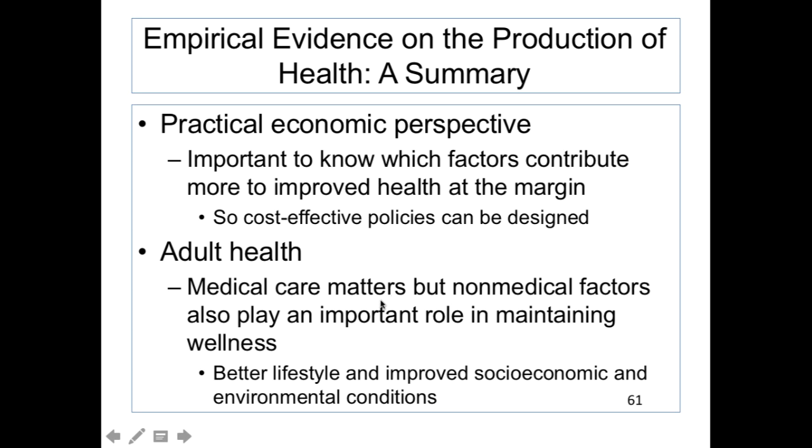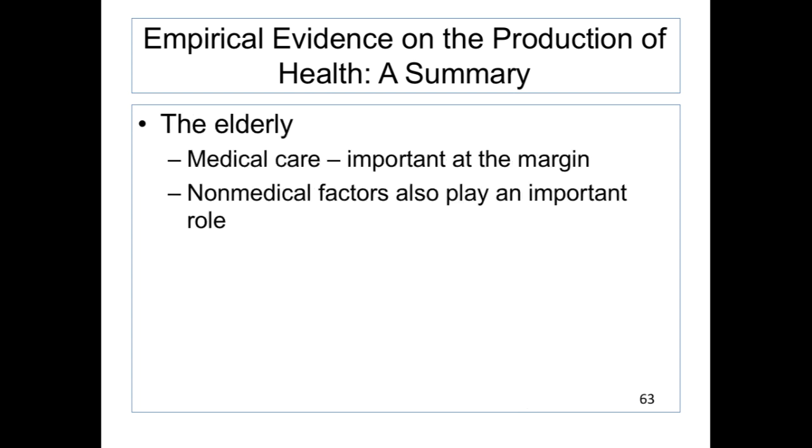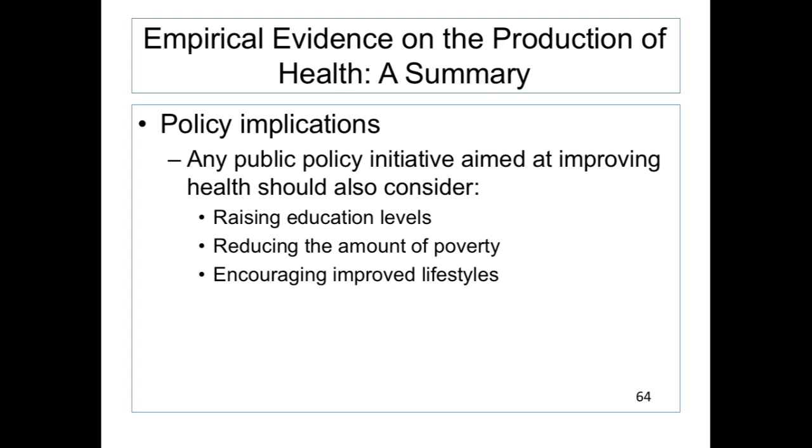When we are looking at the shift in the production of health and movement along the curve, the shift could be caused by the environment or a healthier lifestyle, and those are factors that are sometimes even more important than medical care.